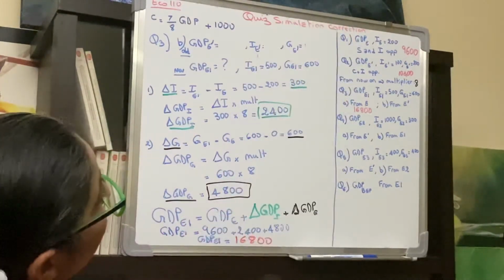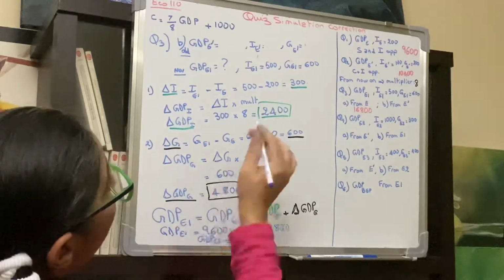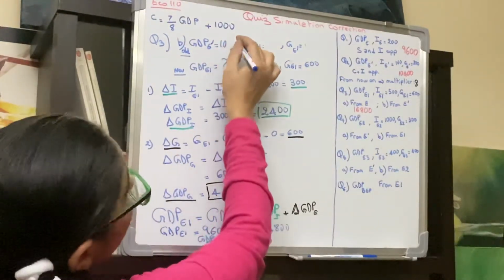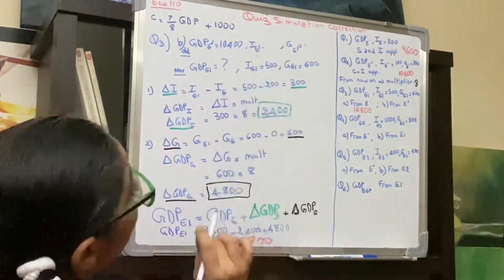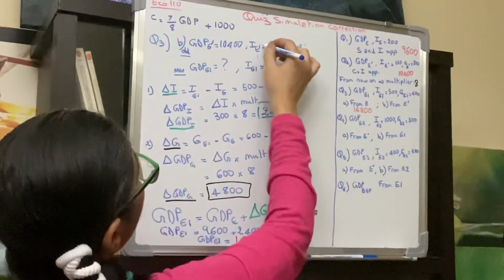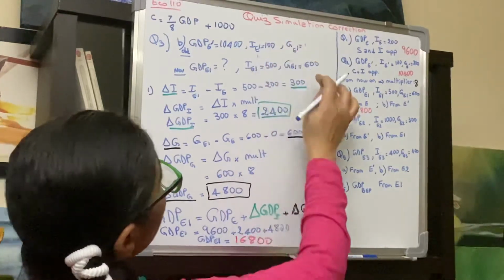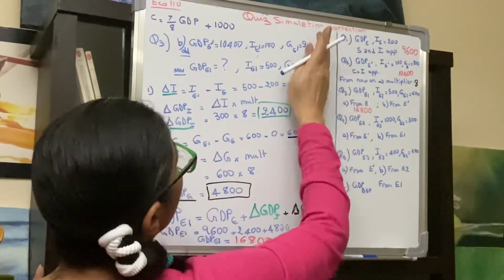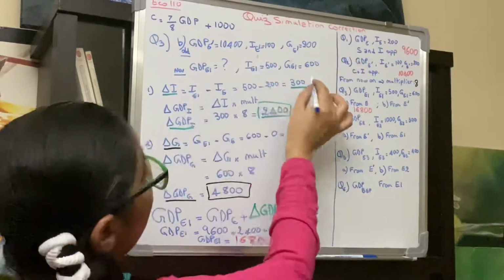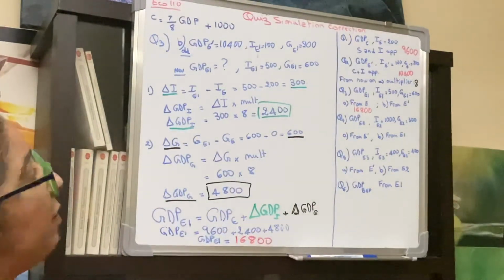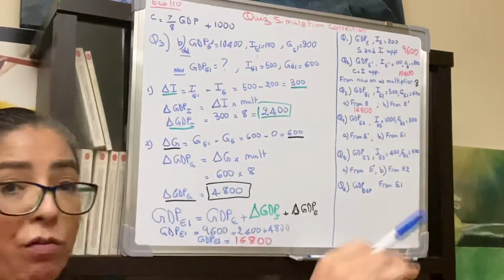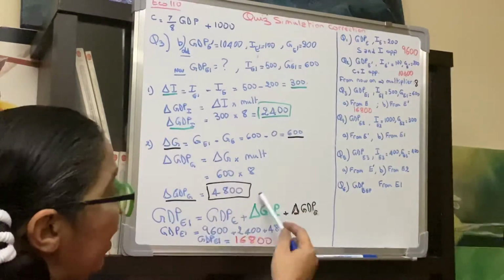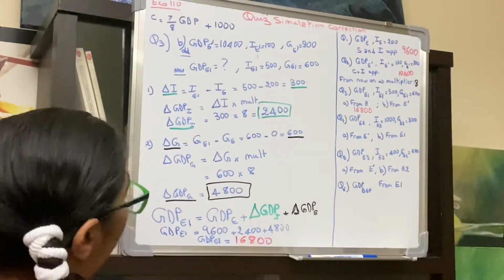GDP at E prime was 10,400. I'm just taking my data, okay? IE prime was 100. GE prime was 200. For the data for E1, it's the arrival point. So I want to arrive at E1, so it doesn't change. Now what's going to change is your deltas and your delta GDPs.